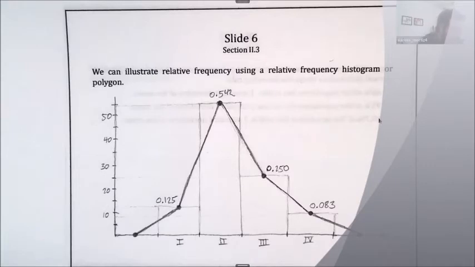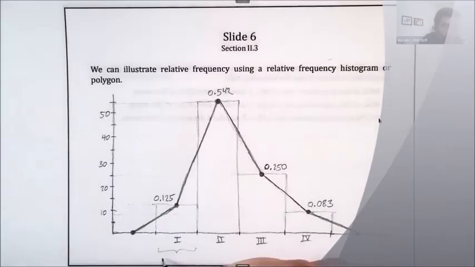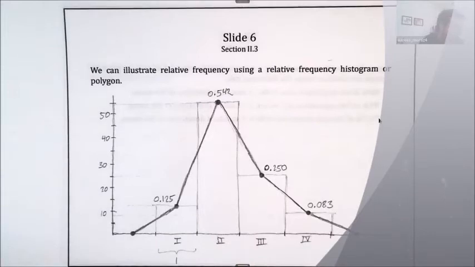Now, if we think of each of these intervals as 1 unit wide, and we use the area formula for triangles or trapezoids or rectangles, and we add up the area underneath either the histogram or the line graph, what we'll get is 1.